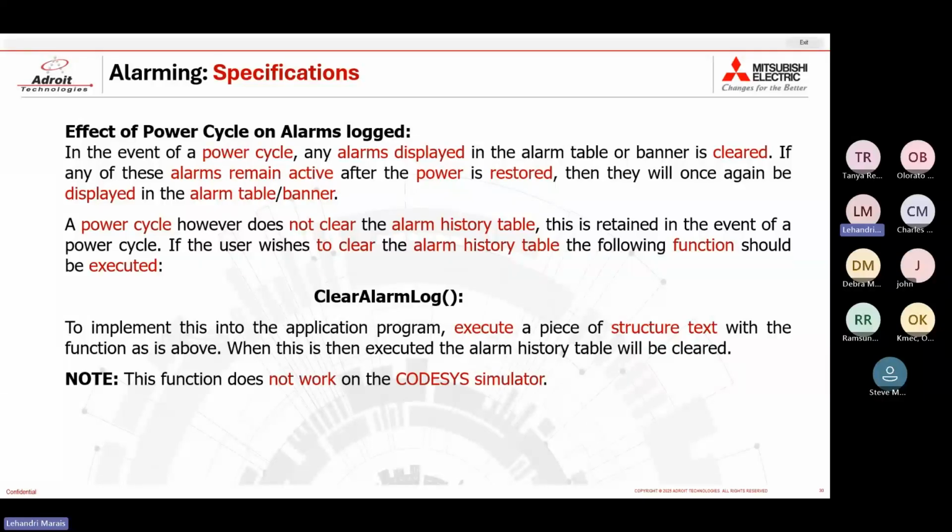However, your alarm history table is not cleared on a power cycle, as this information is retained. Now, if you wish to clear the alarm history table, you would execute the clear alarm log function right here.